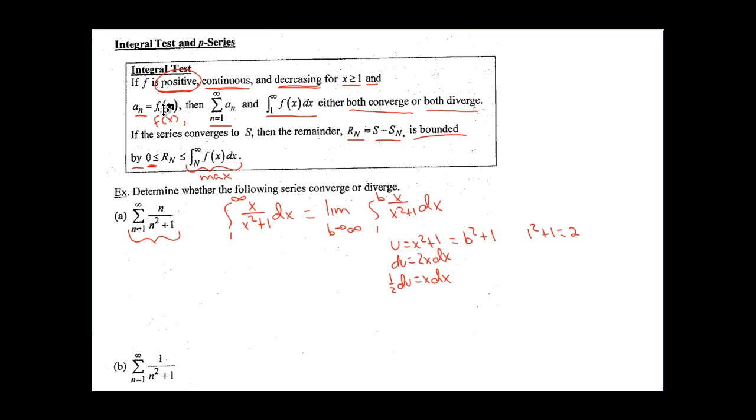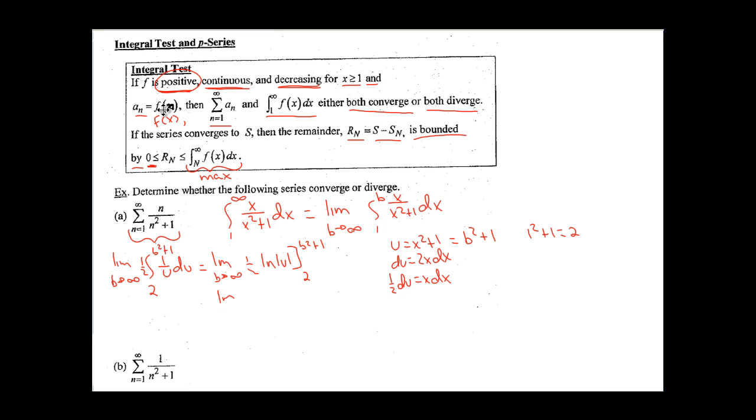The limit as b approaches infinity of the integral from 2 to b squared plus 1 of 1 over u, with a 1/2 in front, is equal to the limit as b approaches infinity of 1/2 natural log of the absolute value of u evaluated from 2 to b squared plus 1.